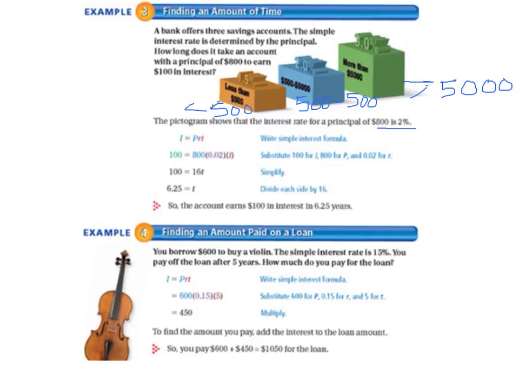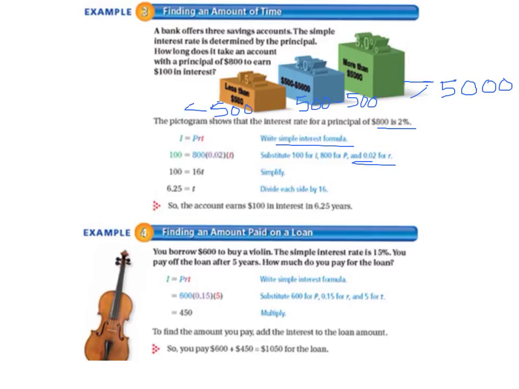So once again, we write the simple interest formula, and we substitute $100 for I, because that's how much we want to earn in interest. And $800 is P, and 2% is our R for rate. And we simplify that, so we combine our like terms, and we multiply 800 by 2%, and we have 16T on the right, and we still have our 100 on the left.